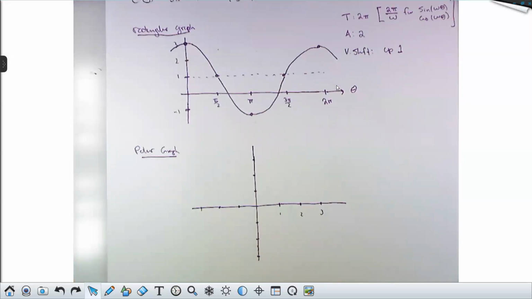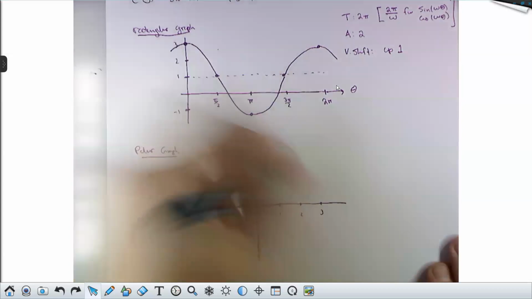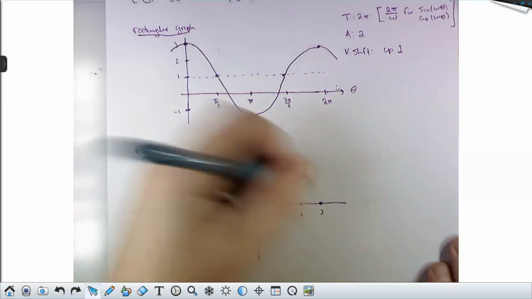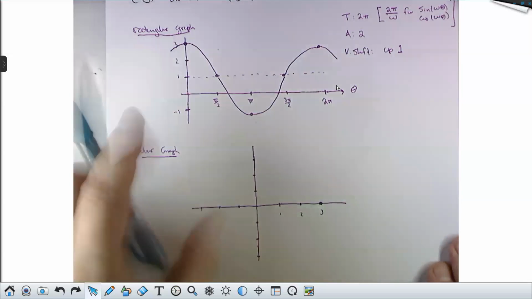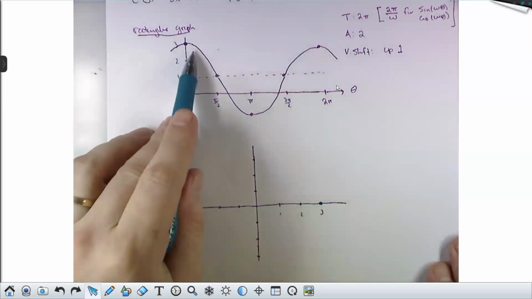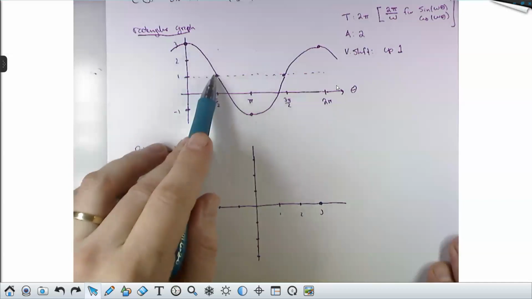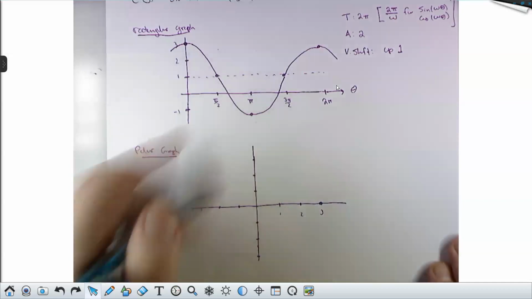Maybe I'll use a different color. I'll try to not clutter the graph too badly. So use a different color for the graph itself. We start at the polar point 3, 0. And as this arm rotates up a little bit, theta is increasing, r is coming in a little bit. By the time we get to pi over 2, r should be at 1.